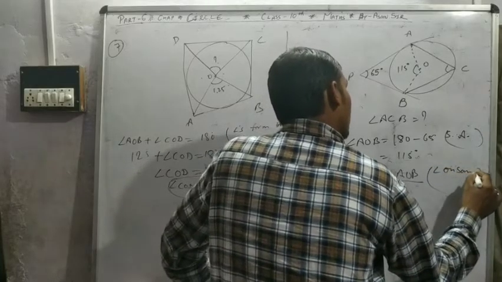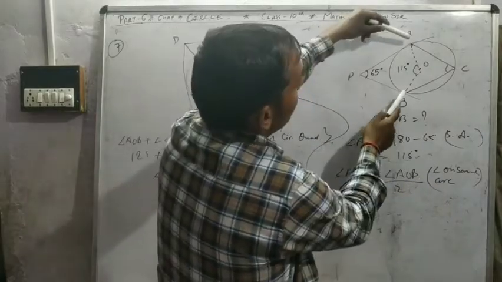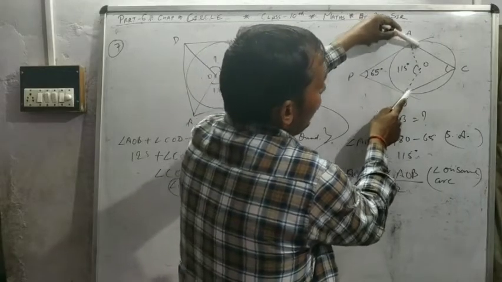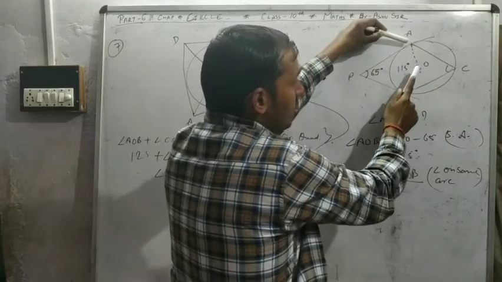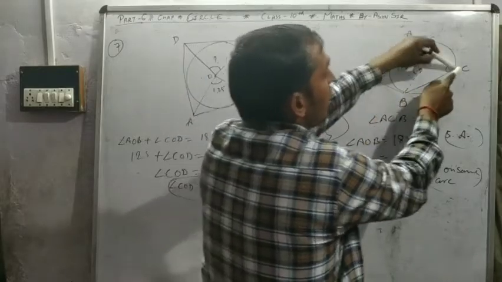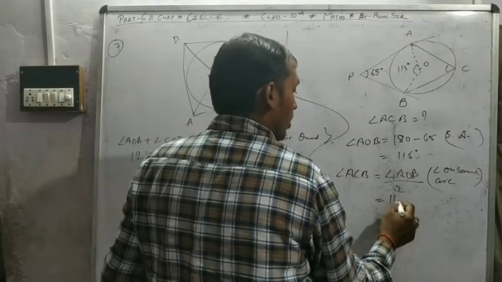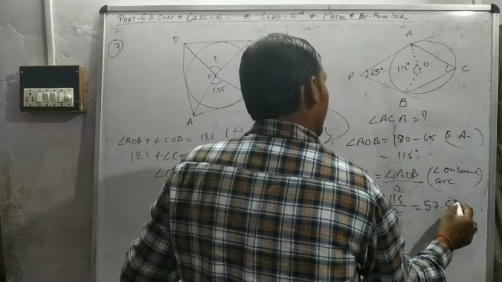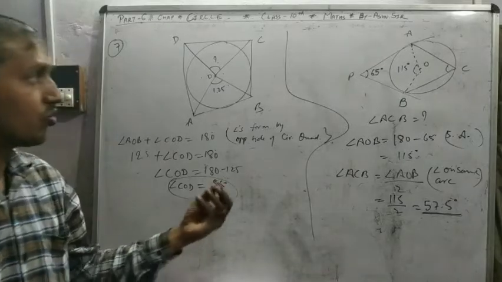Angle on same arc, class 9th theorem. On this arc AB, one angle forms on center, other angle forms on the circle. So the center angle is double the circle angle, or you can say circle angle is half of center angle. So you can say 115 by 2, 57.5 degree. Means they are only the basic questions we need to find.